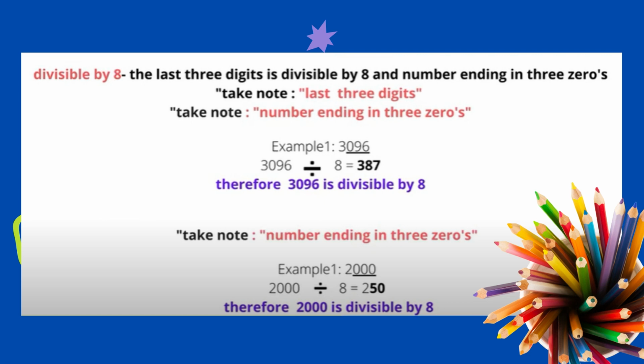The last 2 digits is 96. 96 hatiin sa 8 ay 12. Or kung gagamitin natin ang calculator, 3,096 divided by 8 is equal to 387. Another example, 2,000. Ang dulo ng 2,000 ay 3 zeros. 2,000 divided by 8 is equal to 250.